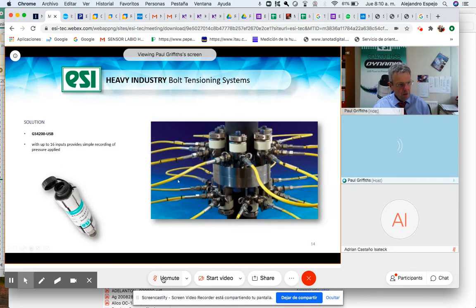And simultaneously, they are connected to a PC, and the data is recorded all at the same time. So as the bolts are stretched upwards, the pressure is recorded. They then know that the right pressure has been applied, and then there's a simple tightening method.